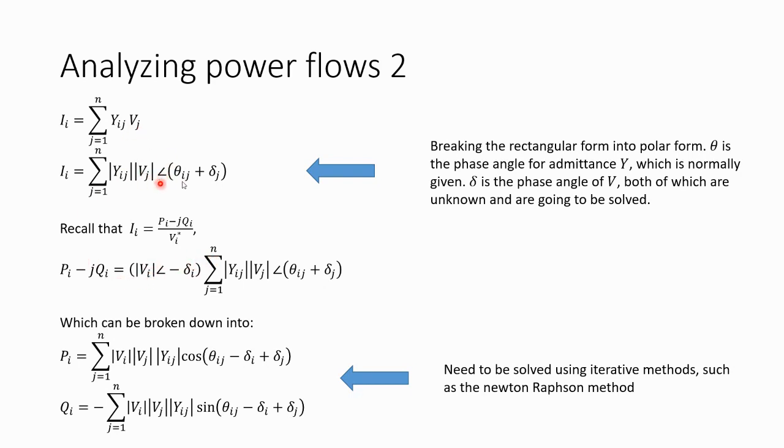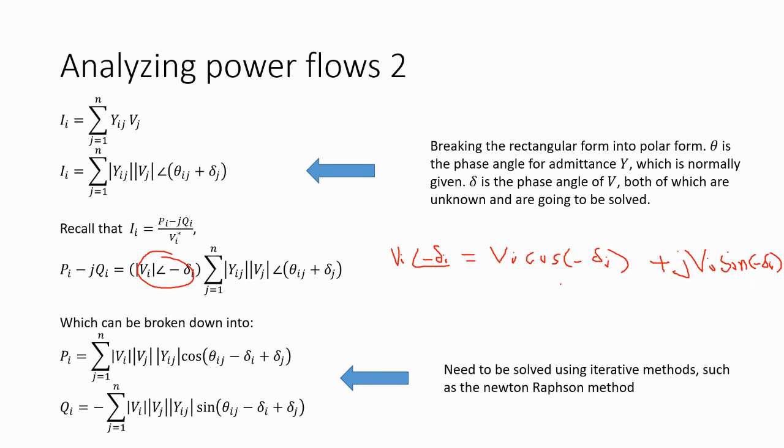So if I can write this down, yes. Notice this term, Vi negative delta i, is actually equal to Vi cos negative delta i, excuse my writing, using the mouse is rather not easy, plus j Vi sine of the negative delta i.